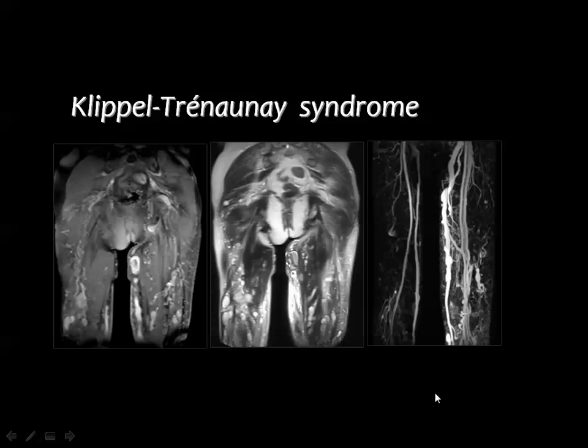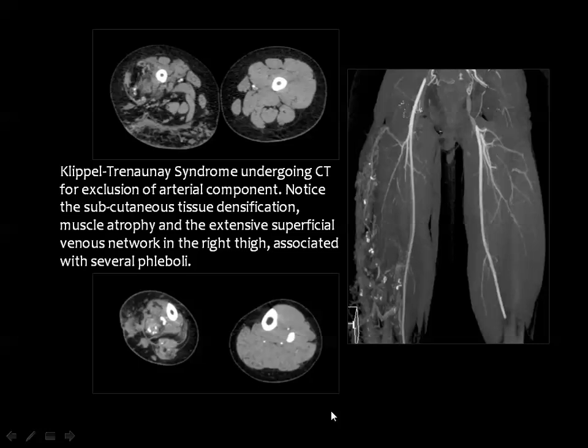And this is one of the cases where you can see the main front of the disease is on the left side, but you can also appreciate minor changes in the right side.